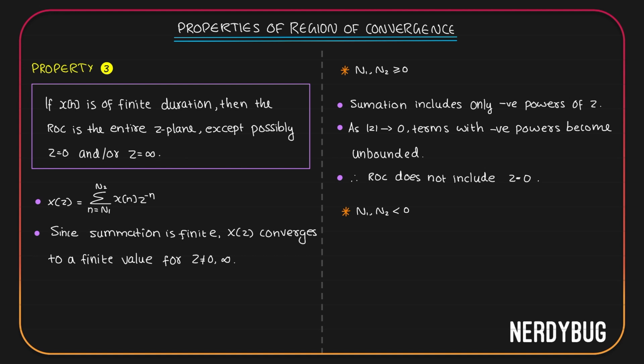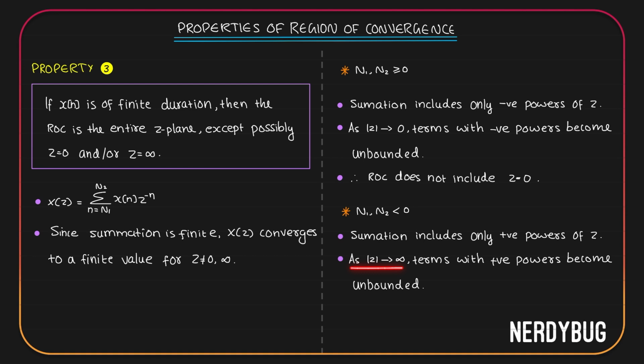Let us take a third case where n1 and n2 both are negative. Summation is from n equals n1 to n2, but n1 and n2 are both negative. So the value of n is going to be always negative. The value of minus n is always going to be positive. So we can say the summation includes only positive powers of z.